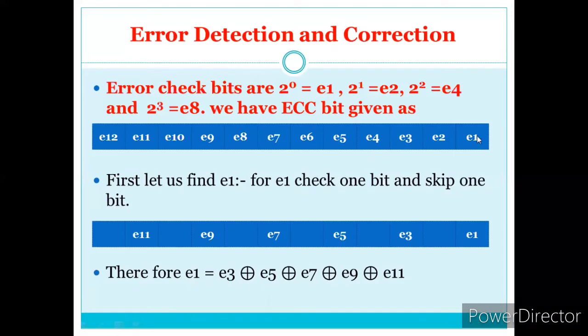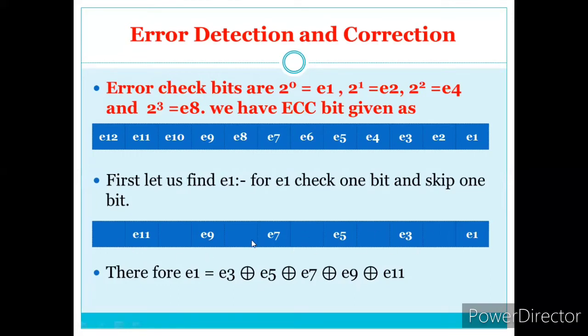So now E1 is considered, then E2 is skipped. If you observe here: E1 considered, E2 skipped, E3 considered, E4 skipped, E5 considered, E6 skipped, E7 considered, E8 skipped, E9 considered, E10 skipped, E11 considered, E12 skipped.